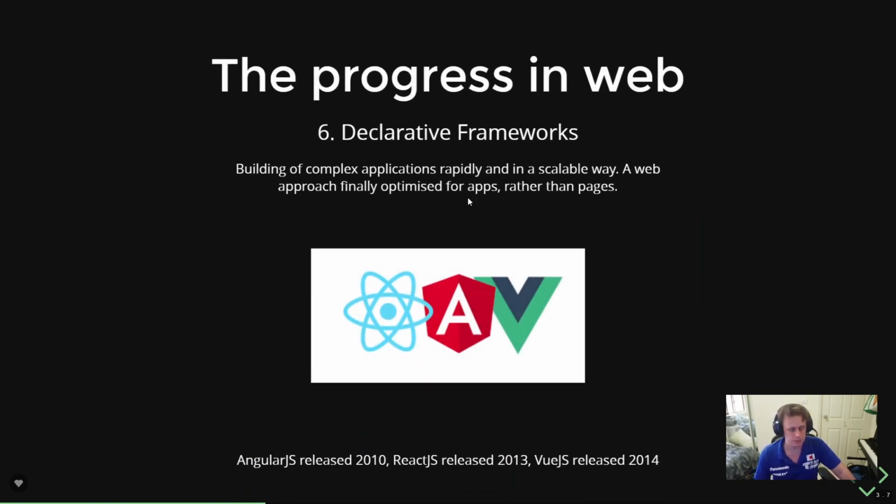And then the last one, which is what a big part of this course is on, is this idea of declarative frameworks. Now, there's no point in me explaining this much, because if you haven't worked with them, it's very hard to appreciate the specifics of what these are.